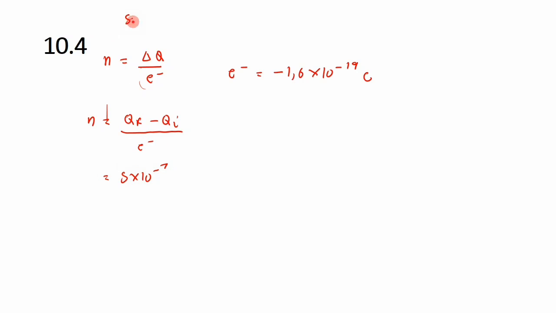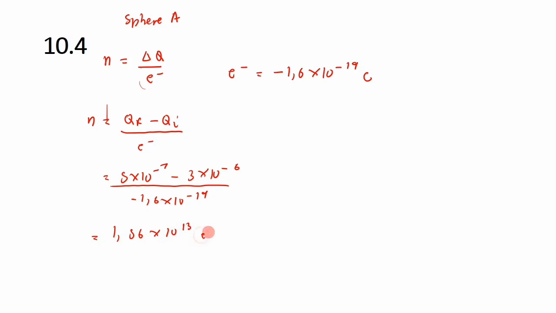For this one, we are using sphere A, then minus 3 times 10 to the exponent of negative 6, over negative 1.6 times 10 to the exponent of negative 19. If you punch all this in your calculator, you have 1.56 times 10 to the exponent of 13 electrons, right?